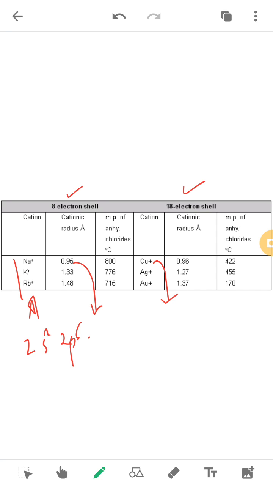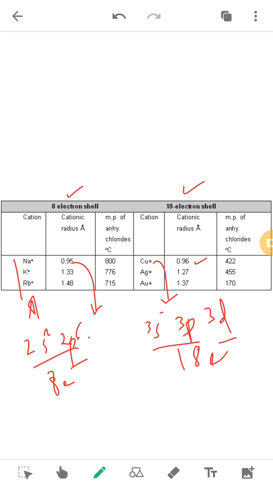For copper, the ionic radius is almost the same, only 0.96. But in the case of copper, the electronic configuration has 3s, 3p and 3d also. So we have an 18-electron system in the outermost shell here, and here it is 8 electrons in the outermost shell.